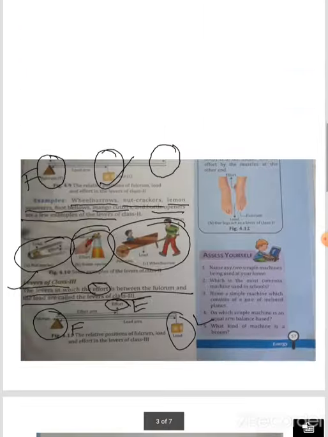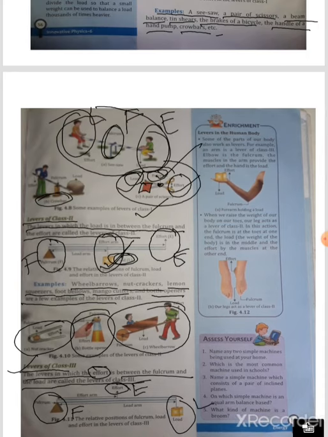Alright, so now go back to page 57, and I hope you have underlined all the examples. Please underline with your pencil in your book. On page number 57, the topic says enrichment, levers in the human body. On our body, different parts of the body act as a simple machine.